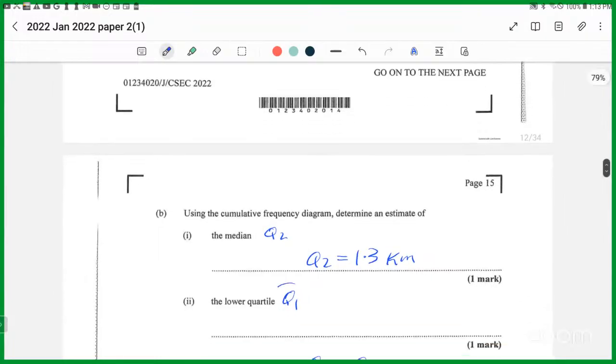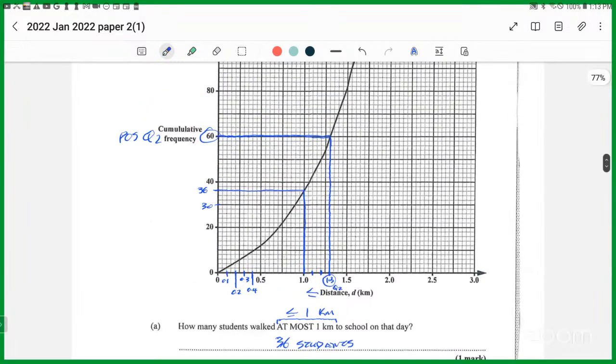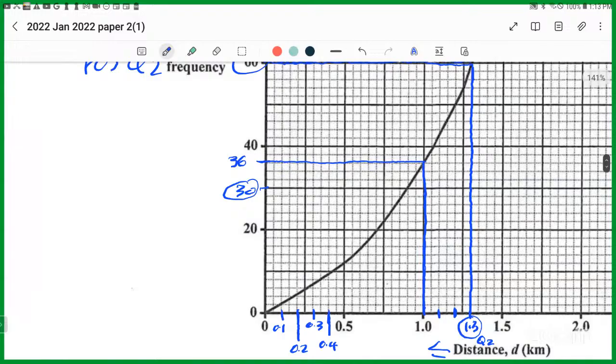We need the first quartile. The position of Q1 is one quarter of 120, which is the 30th student, in the 30th position. As I said, you could divide it half and half, and then half of the 60 is 30. So this now is the position of Q1.